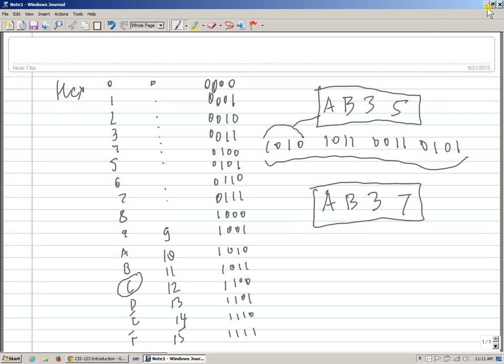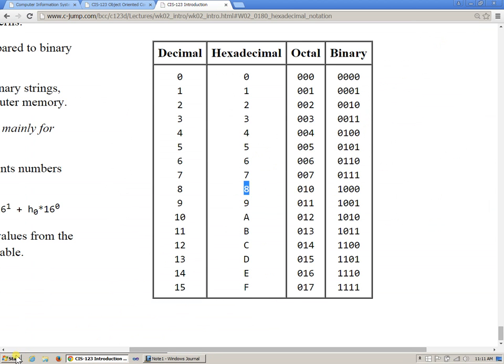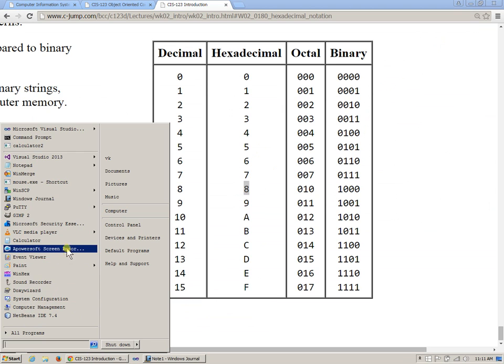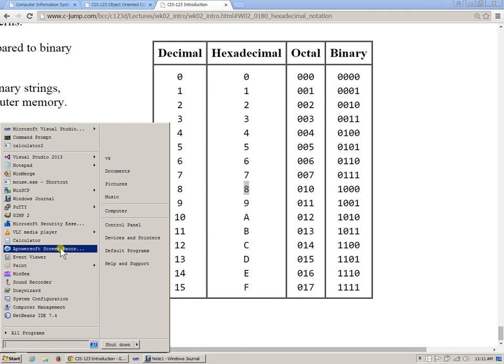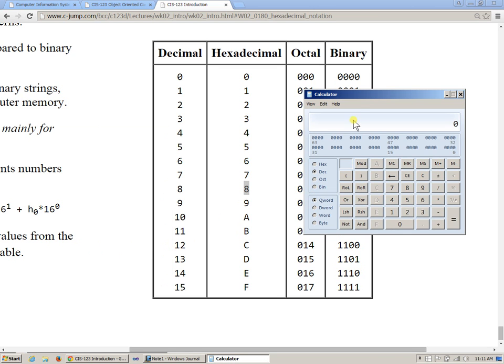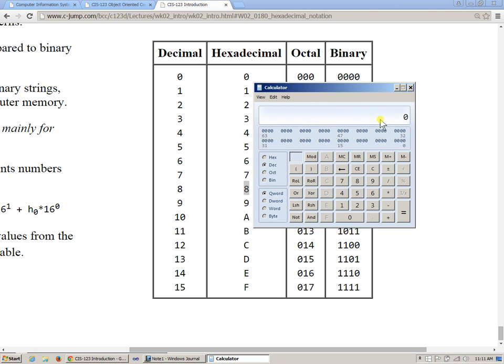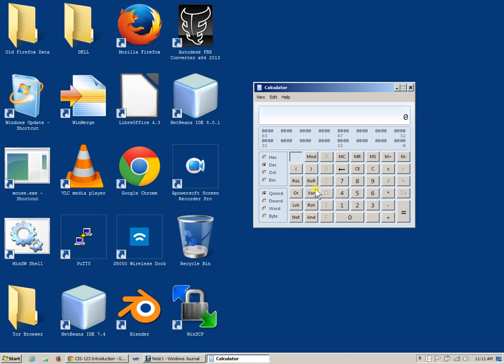Another excellent help that you can get from your system is a standard desktop calculator, if I can spot where that is, right here. So this is the calculator, and let me just minimize this so as not to obscure anything.